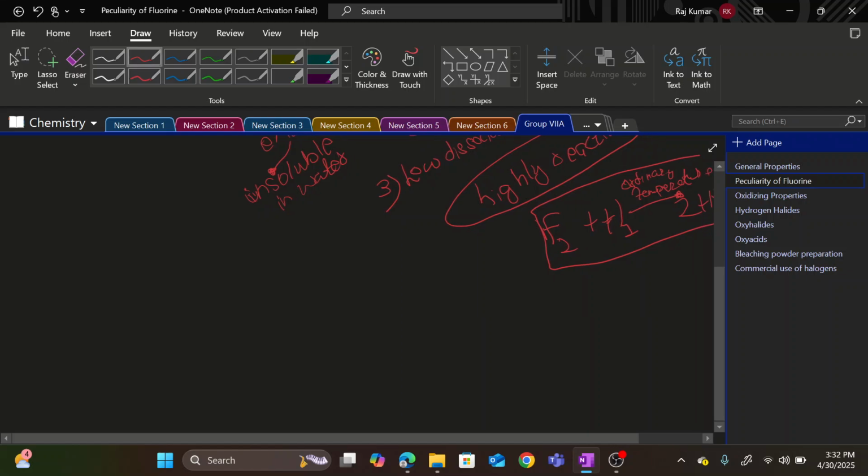And let's talk about point number 4, which is that it is inert.